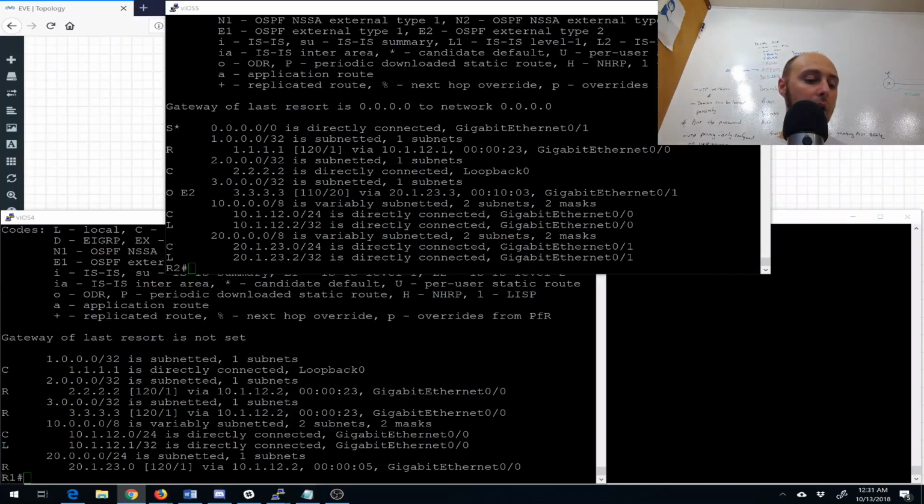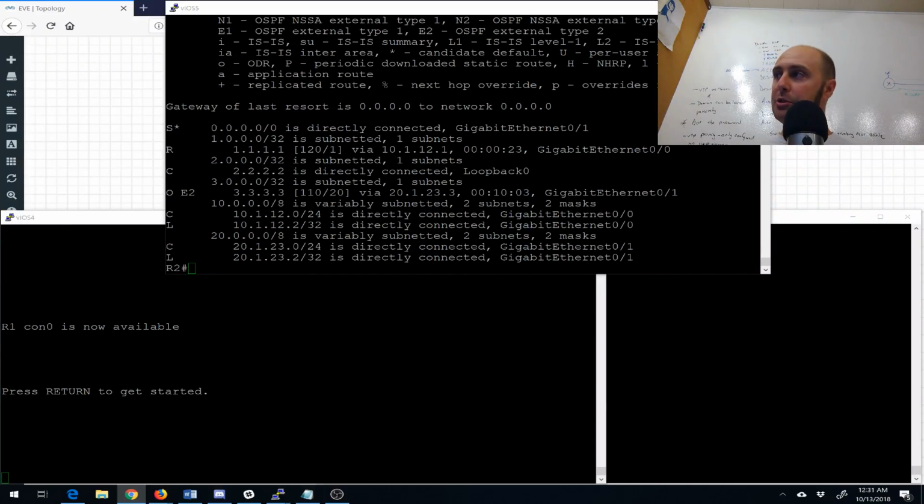And I think I'm going to continue this redistribution journey, because many labs call for redistribution, and there's a lot of time where there's a mutual redistribution between two protocols at two different points, and that can also lead to routing loops, and I think nearly every time I almost have a routing loop.